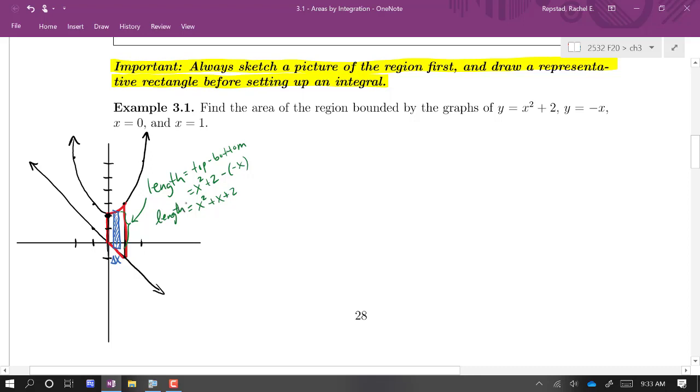So here's why a representative rectangle is helpful. I only have to think about that one rectangle right now. I'm going to find the area of that one rectangle. I'm going to call that area delta A, and it's length times width. So that length is x squared plus x plus 2, and the width is delta x, right?